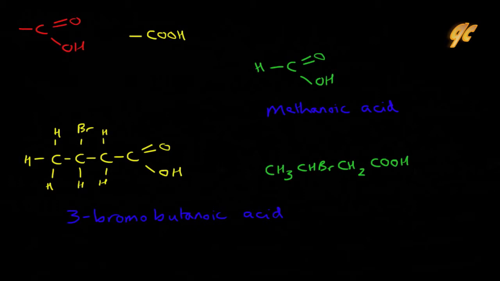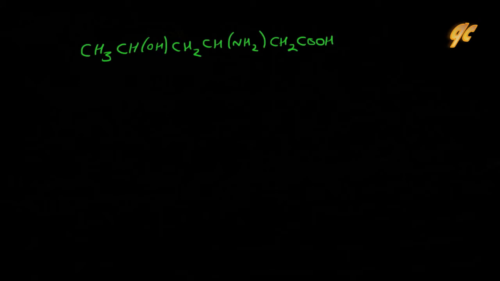If we were to add things like amino groups or hydroxyl groups, so NH2 or OH, then we would have those at the start also, labeling them in alphabetical order. I'll give you an example now. If we were to draw this molecule out, we simply take each carbon at a time. The first carbon, CH3.